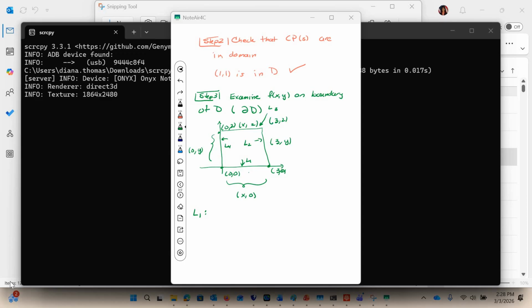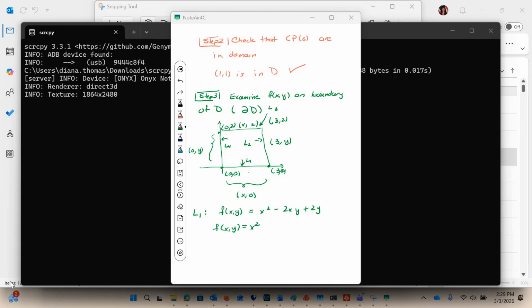So f of x,y, which was forgotten already, x squared minus 2xy. So along this line, y is 0, so the y's drop out, and I just get x squared.